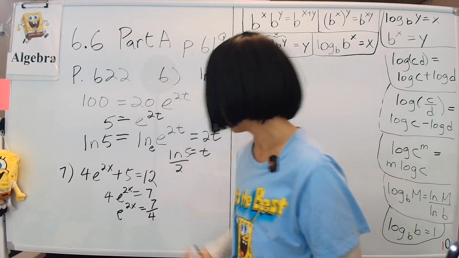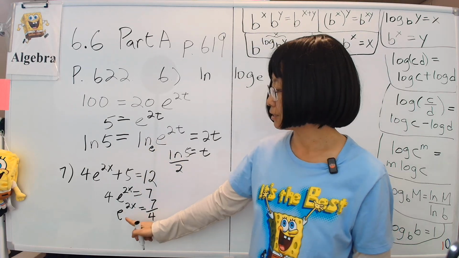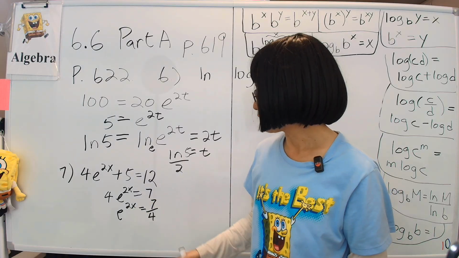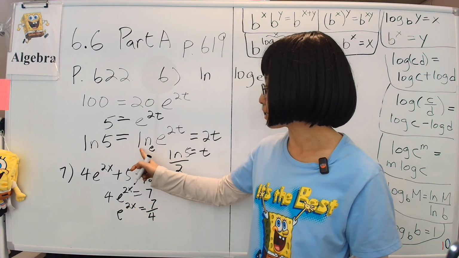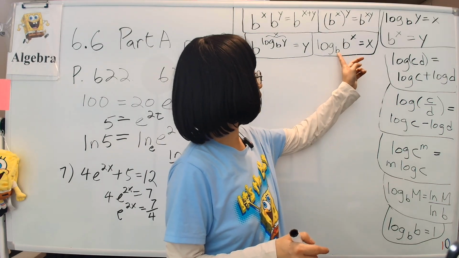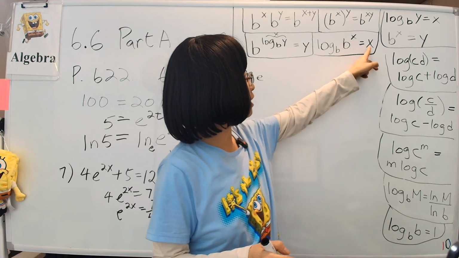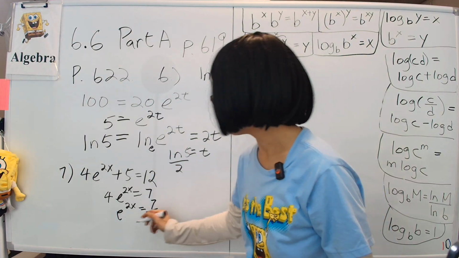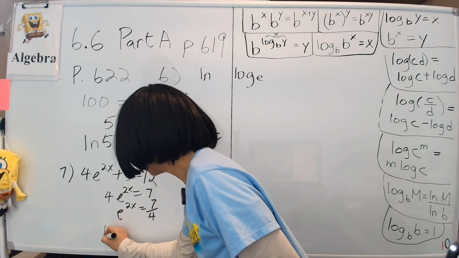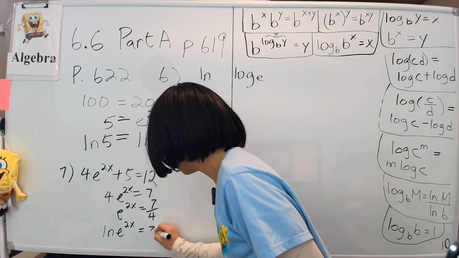Next, we push the 4 down, so e to the power 2x is equal to 7 over 4. Finally, we need to use the natural log trick, because the base is e and it's raised to a power. To get rid of it, we slap the natural log in front, because it cancels out according to this rule. So let's slap the natural log on both sides: the natural log of e to the power 2x equals the natural log of 7 over 4.